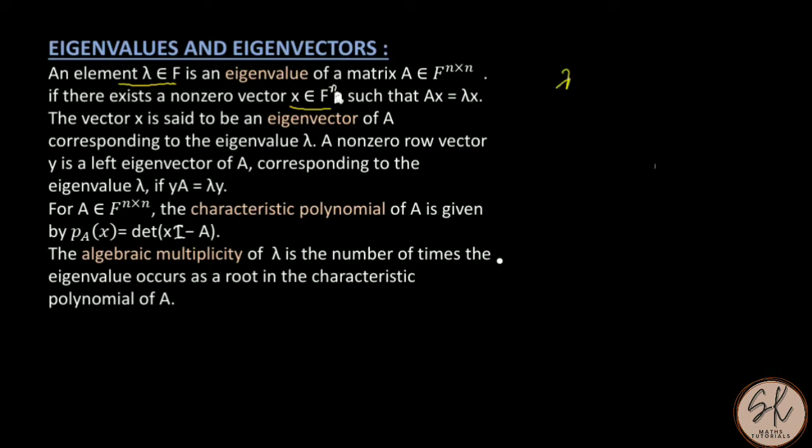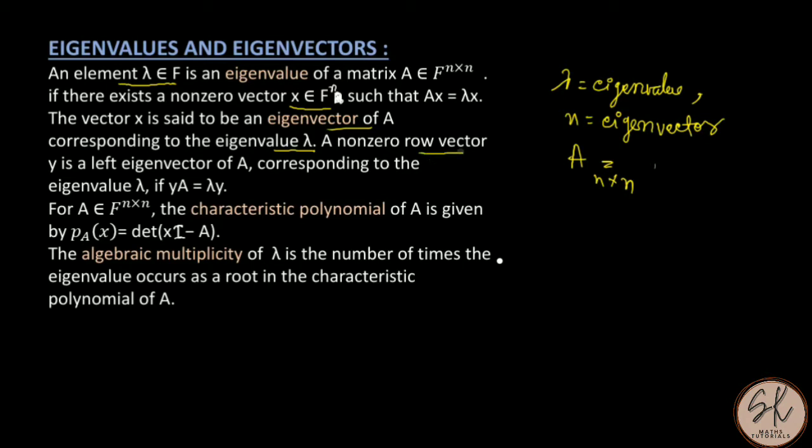Here lambda is called the eigenvalue and x is called the eigenvector. And A is the matrix given, of order n cross n. The vector x is said to be the eigenvector of A corresponding to the eigenvalue lambda.